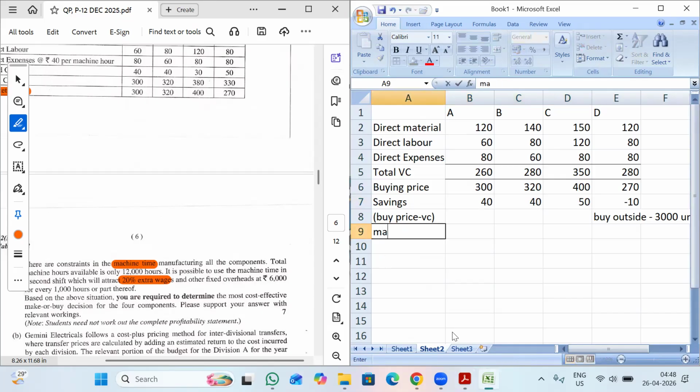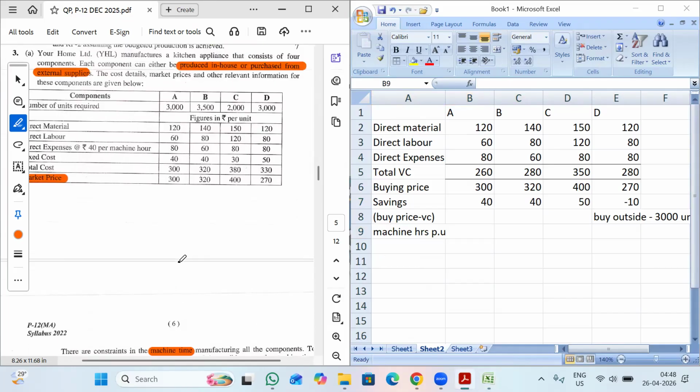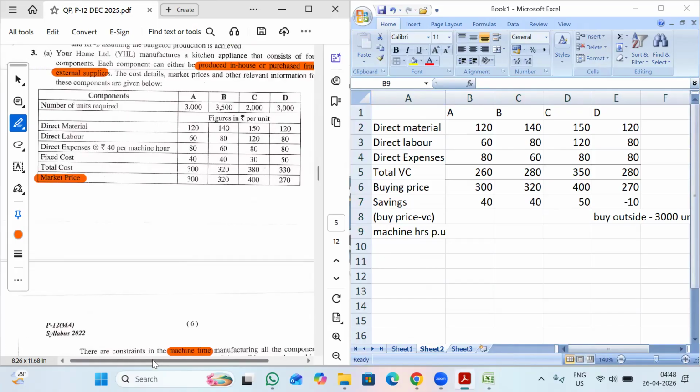So first I'm noting down machine hours per unit. How many machine hours are required per unit? It's not mentioned directly, but here direct expenses are mentioned as 40 rupees per machine hour.